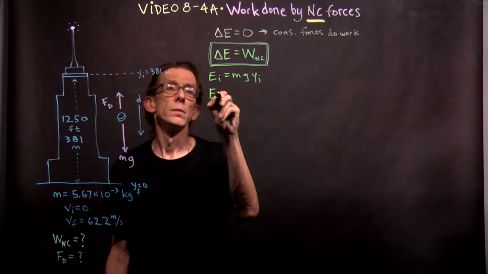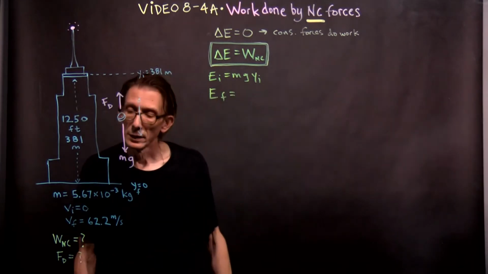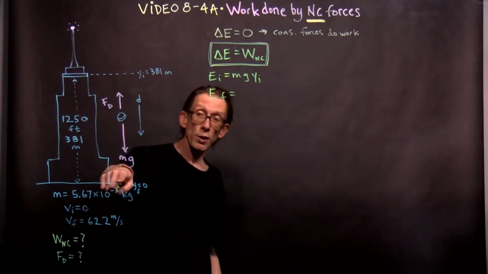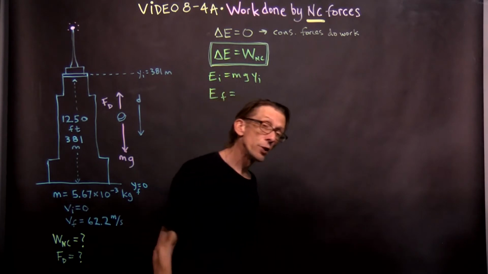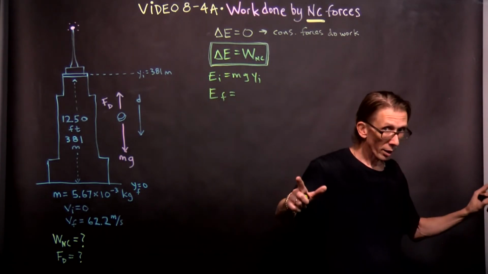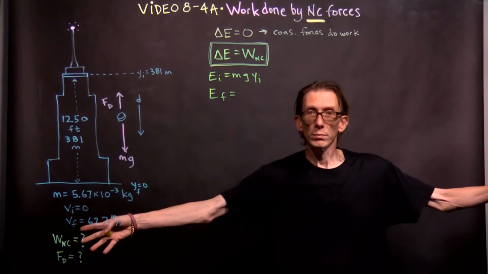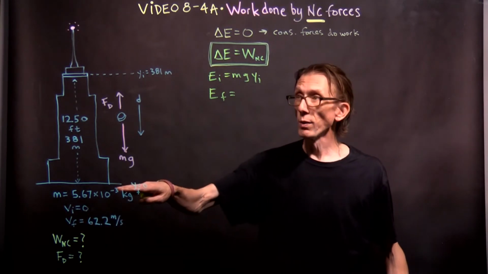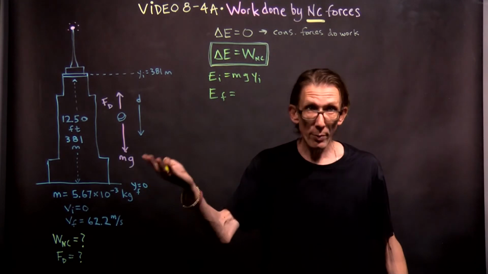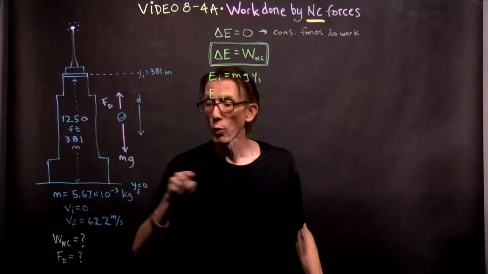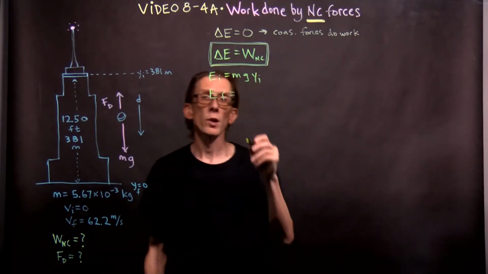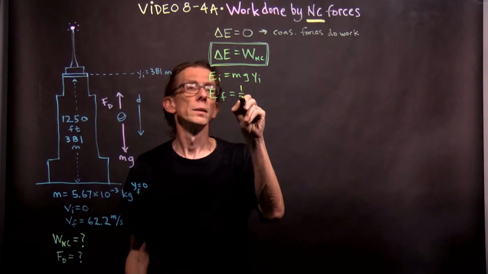E_f is going to be the energy as it hits the ground. What kind of energy is that going to be, class? All kinetic. Because we're at y equals 0, there's going to be no gravitational potential energy because we called the sidewalk y equals 0. So it's all going to be kinetic.